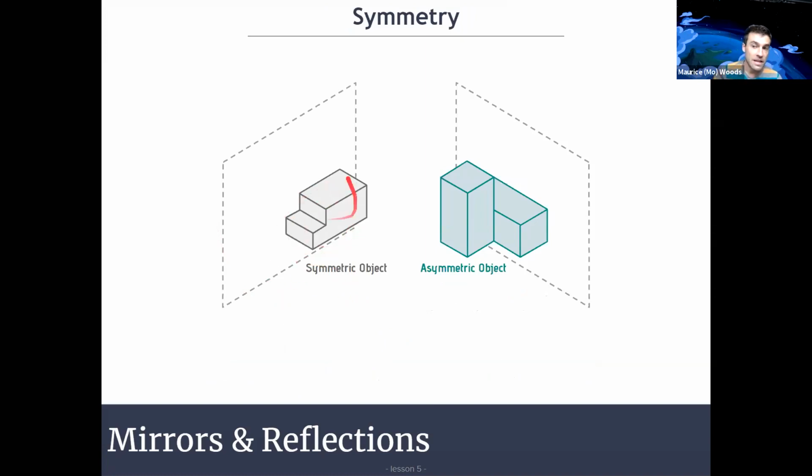If we were to reflect this shape, which happens to be a symmetric shape, how is it symmetric? Well, it's not top-bottom symmetric. It's not front-back symmetric. It is left-right symmetric. If we cut it down the middle along this dotted line, which I'm about to draw right now, that dotted line, we have symmetry.